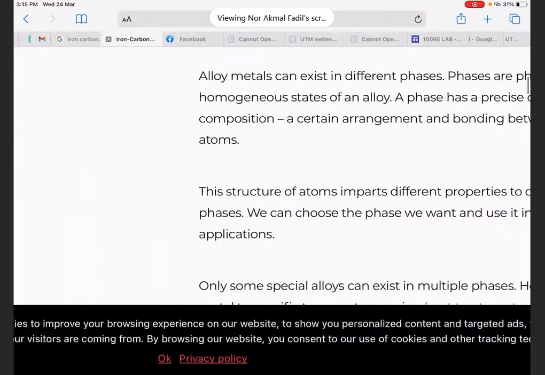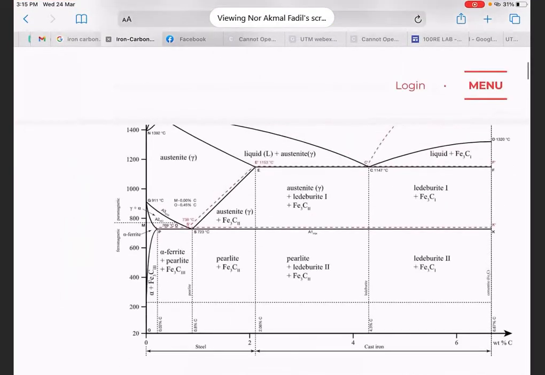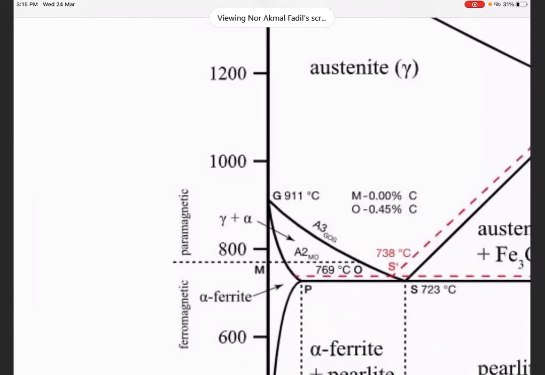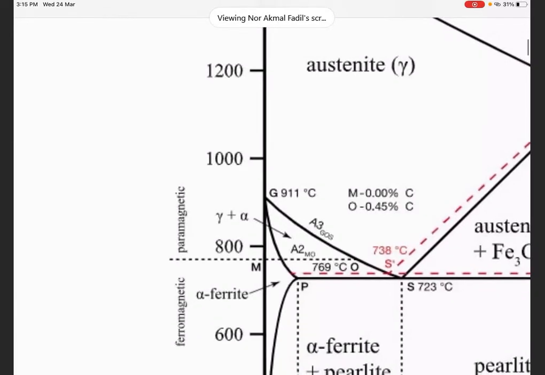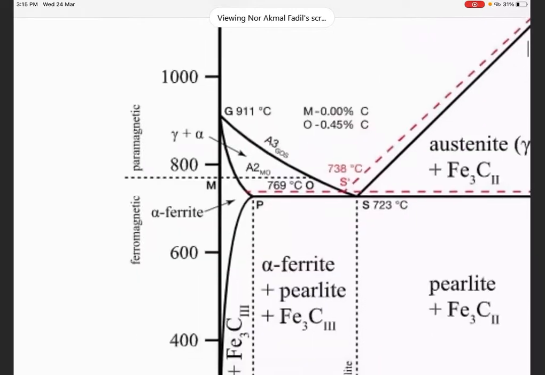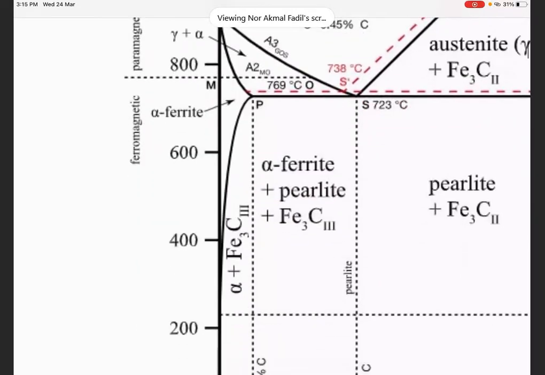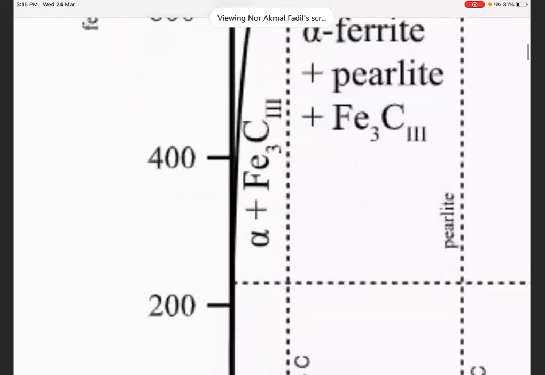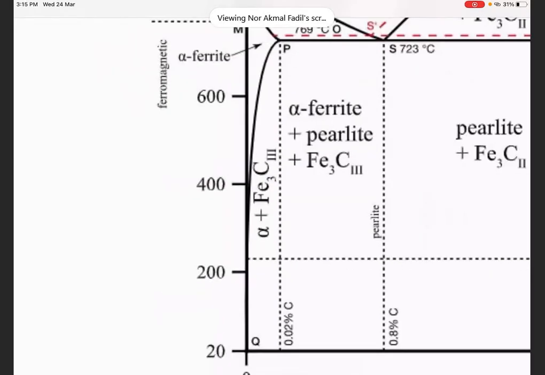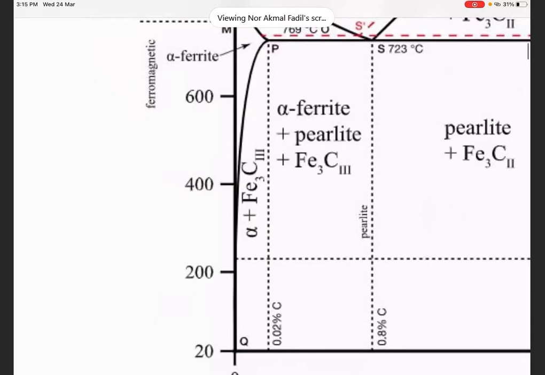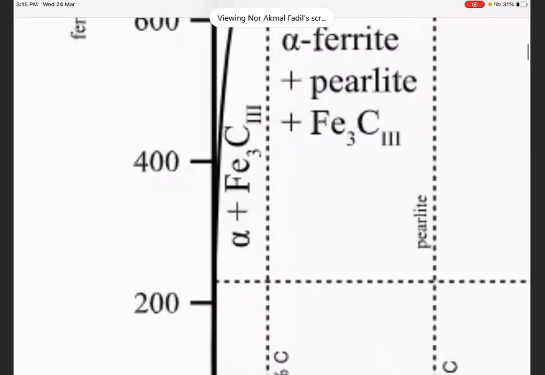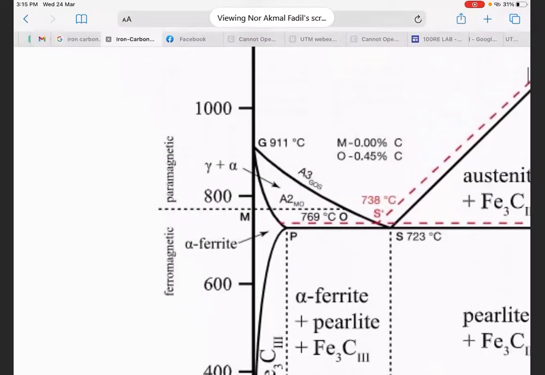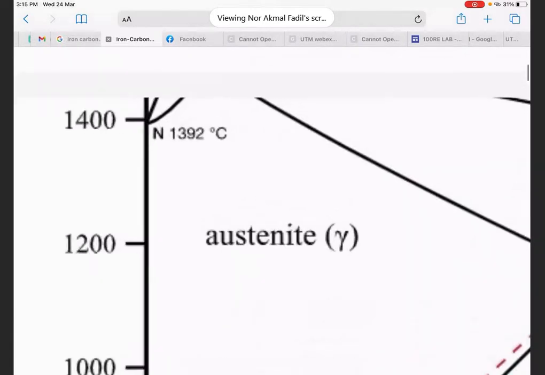For this kind of iron, from 0 until about 900 degrees Celsius, or at the G level here, 911, it will change from what we call this alpha structure, you can see the symbol alpha, to the gamma structure, this one.